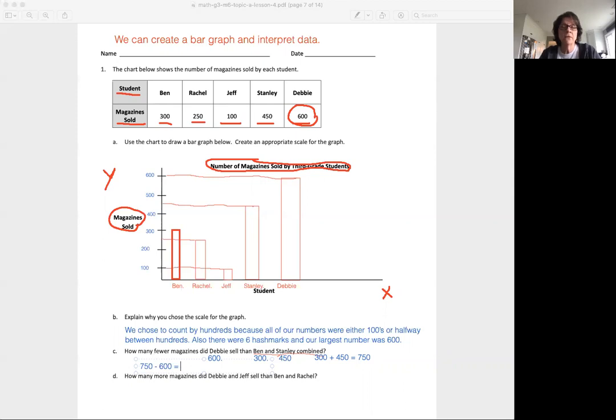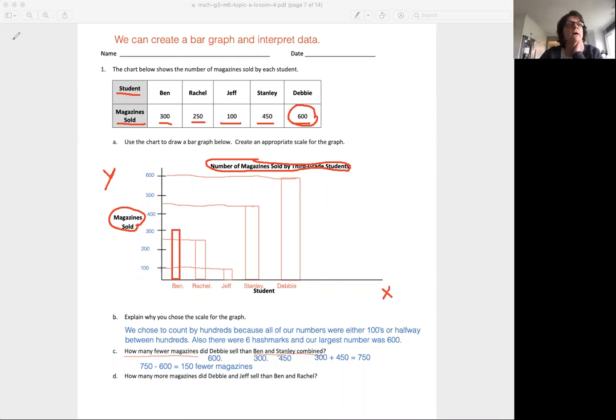If it's too hard for you to do it mentally, you can use the algorithm. Show your work. Okay, very good. 750 minus 600 is 150. So 150 fewer magazines. Okay, and where did we get the numbers for our number sentence? We got them, boys and girls, right from the question, how many fewer magazines? You can see it's 750 minus 600 equals 150 fewer magazines.